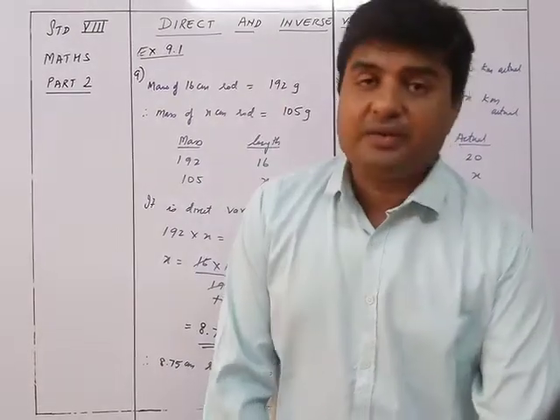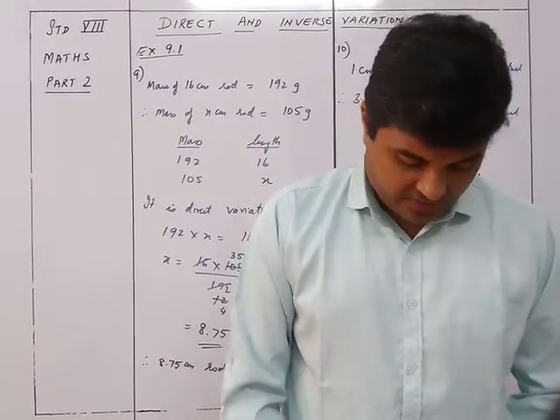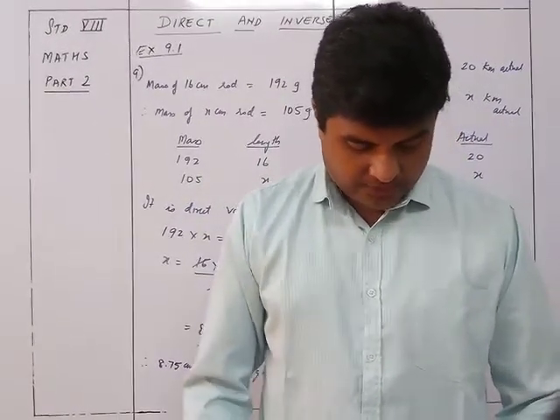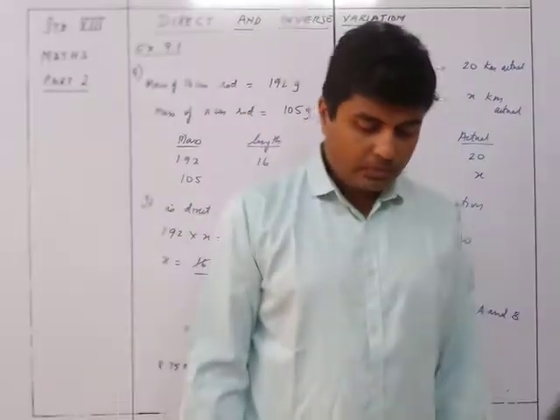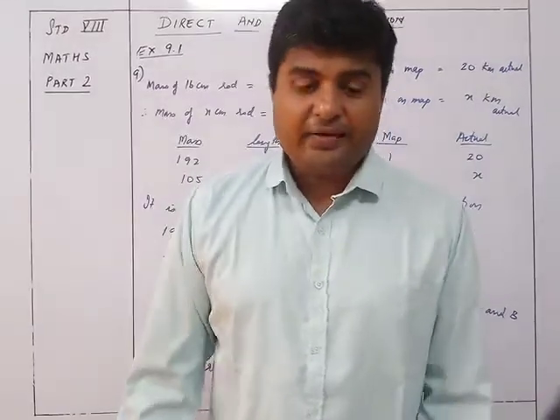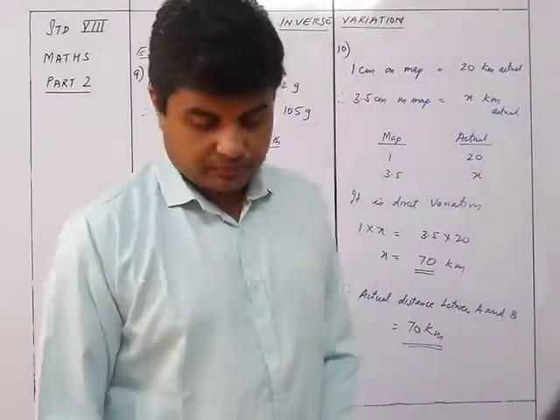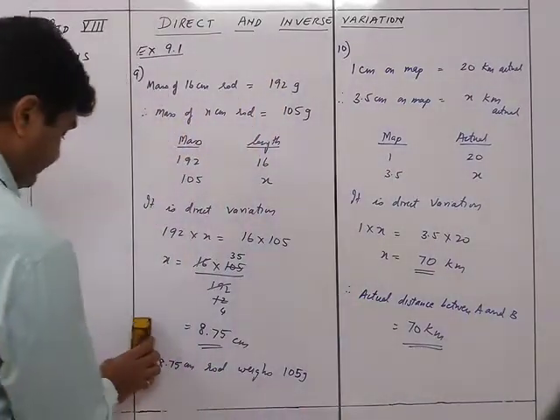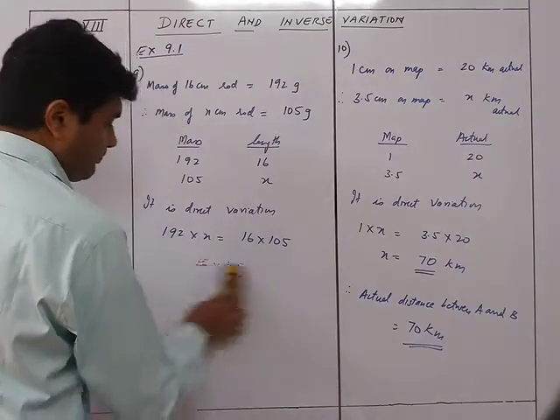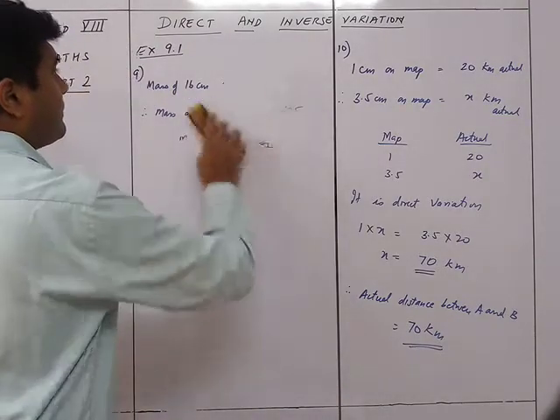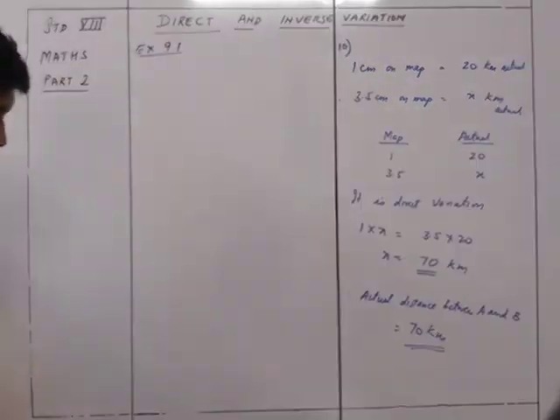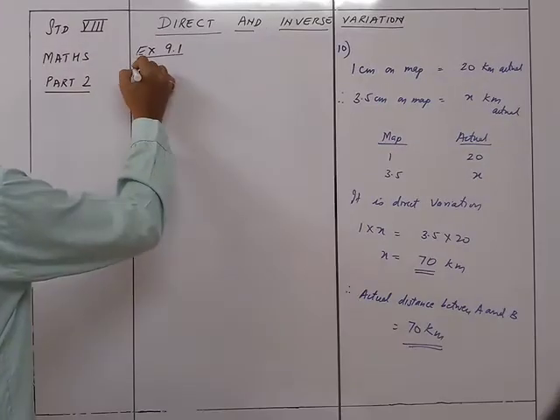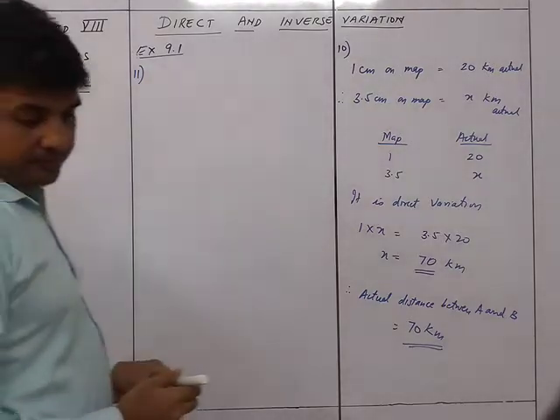Anita will have to travel 70 kilometers if she finds that the distance is 3.5 centimeters on the map. Next we have sum number 11.